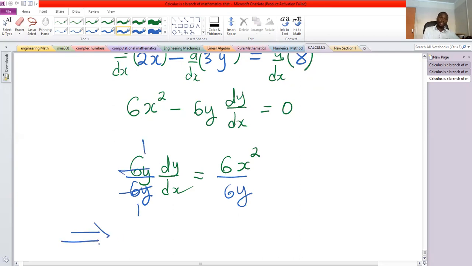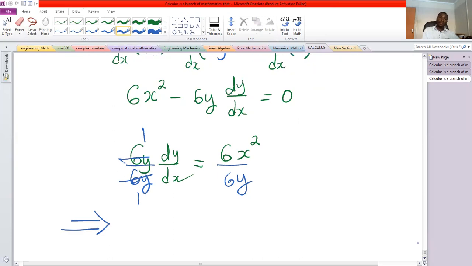So this tells us that the first derivative of this function, dy/dx, is, 6 and 6 cancels, x squared over y. For this to be defined, we specify that y should not be 0.